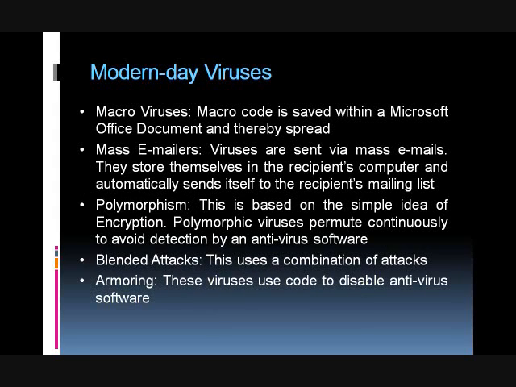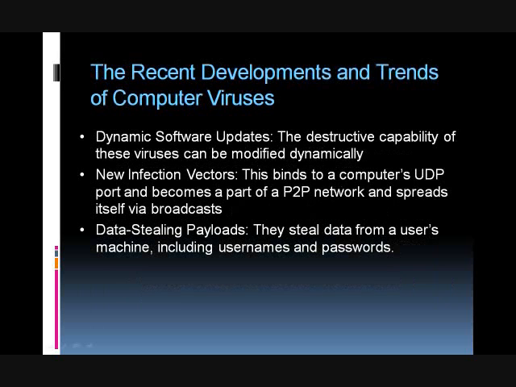These are some of the modern day viruses: macro viruses, mass emailers, viruses which use polymorphism as a technique, and viruses which use blended attacks and techniques such as armoring to protect themselves from the computer system. The recent trends of computer viruses can broadly be classified as the development of dynamic software updates, new infection vectors, and data stealing payloads.